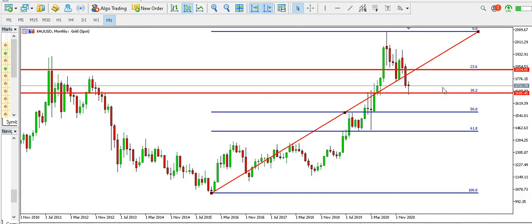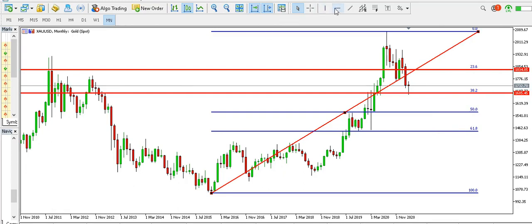Okay, so these two levels mark the boundary for where price is currently at, 1732.7. So it's more like sandwiched between the 23.6 Fibonacci level and the 38.2 Fibonacci level on the monthly time frame.